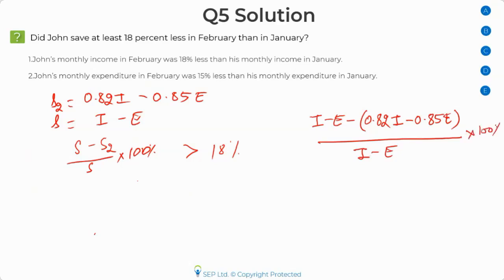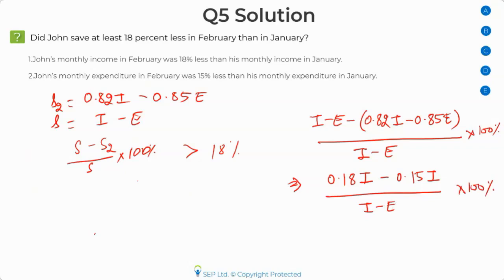Okay, this is what I'm interested in. So let's quickly find this out. If I actually calculate this very quickly, it will be 0.18I minus 0.15E, divided by I minus E, multiplied by 100%.